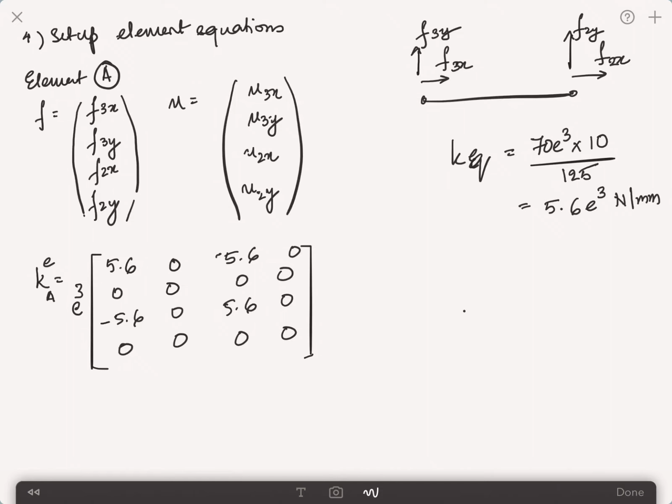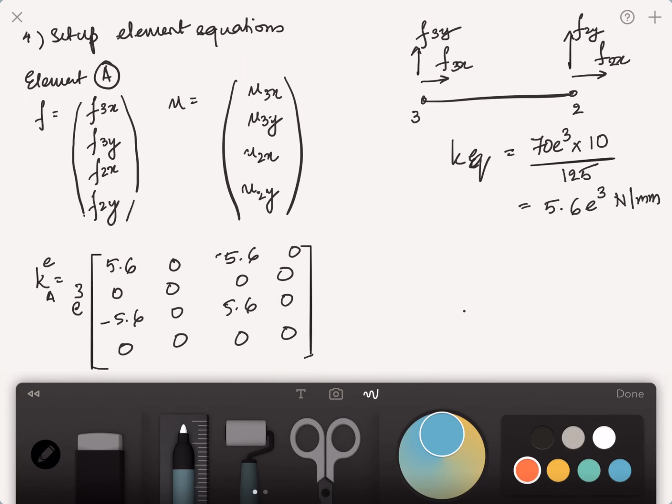Now we know that the displacement vector, so the displacement of the node 3 here is actually equal to 0. So that means these two terms will become 0. And we also know that it's fixed at 3 because U is 0. These two terms will become reaction forces. We also know that F2y is given to us.